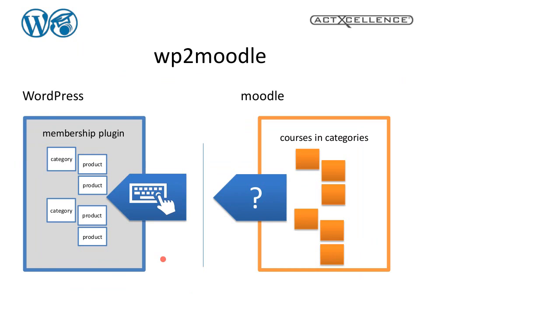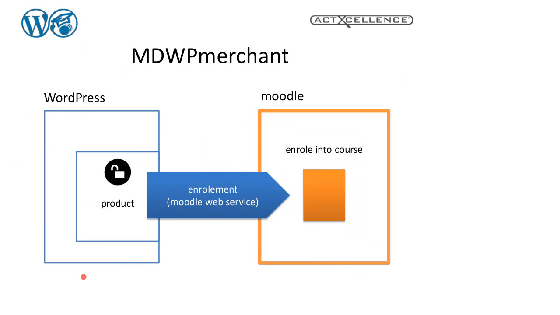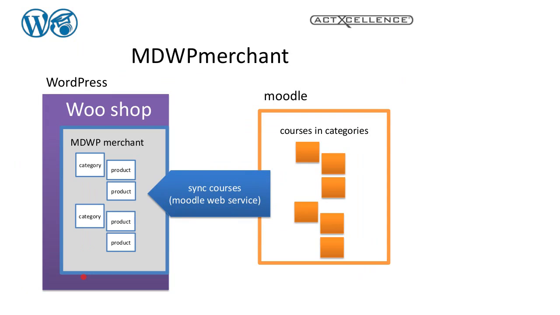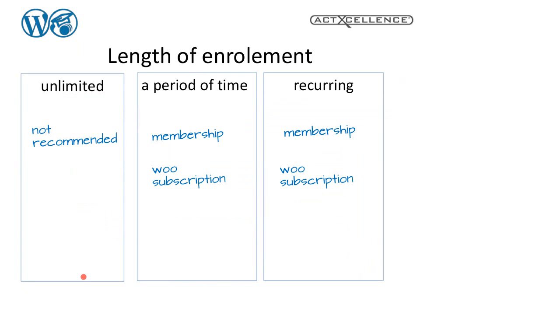But with this solution, you have no help creating your shopping descriptions or your product descriptions. The enrollment and login is always inside of WordPress, but with the Moodle to WordPress Merchant, you have login in Moodle, have the Woo shop options, can synchronize your products.